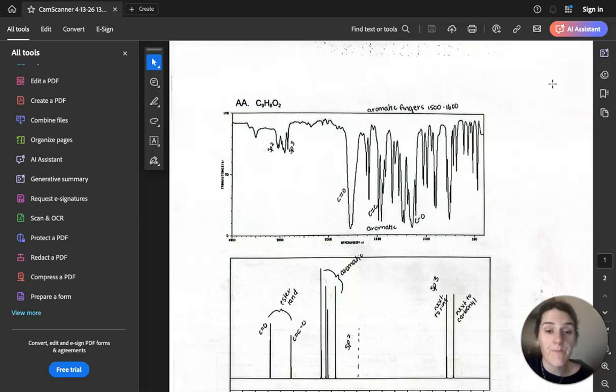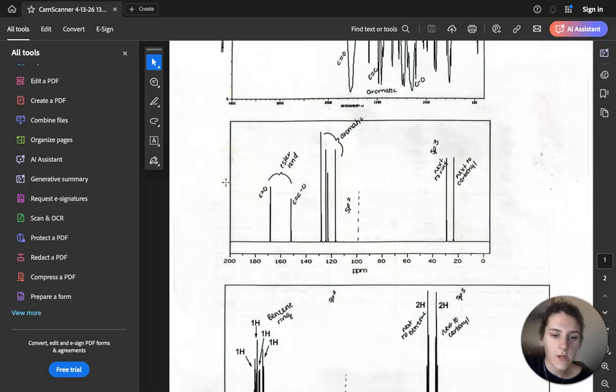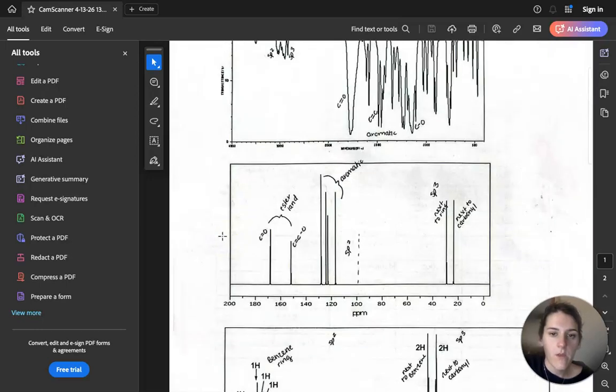Well, here's our spectra to get to our structures. Thankfully, we're already given our molecular formula, so that makes it a little bit easier. This is our IR spectra, this is our C13 spectra, and this is our HNMR.